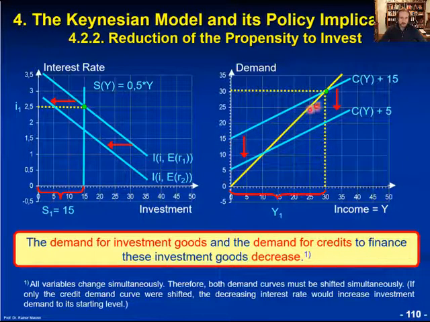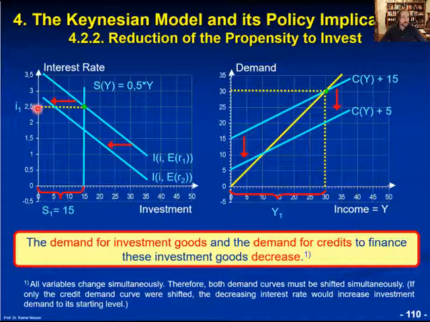So this curve, the demand for goods, shifts downward by the length of two little quads, 1, 2, parallel downward shift to this level, and at the same time we have to shift the credit demand curve for investment goods to the left by the length of 1, 2 little quads.